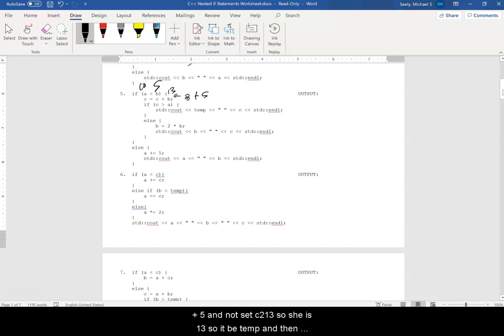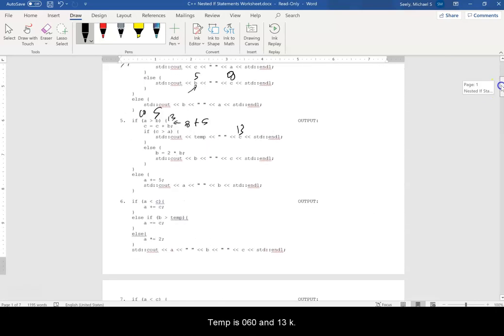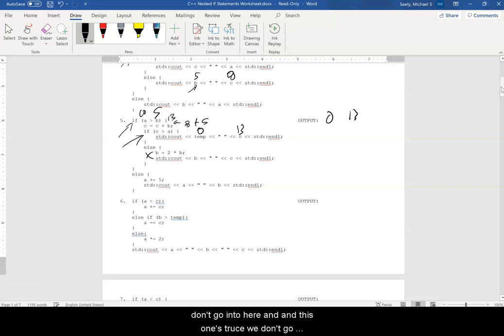So C is 13, so it'd be temp, and then 13. What is temp equal to? Temp is 0, so this would print 0 and 13. Because that was true, then that was true, so we don't go into here, and this one's true, so we don't go into there.